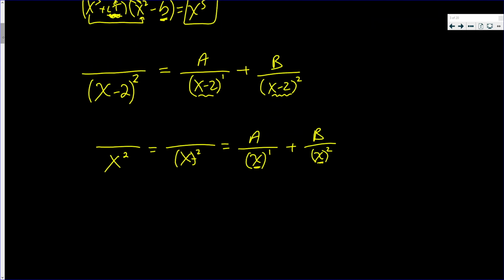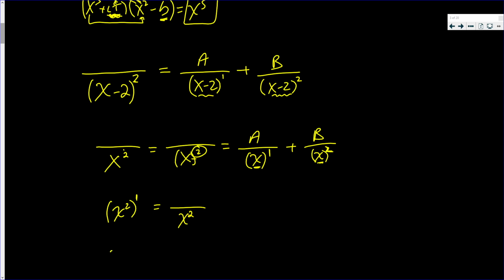Now, on the other hand, you might think of this as just x squared, in which case you have x squared to the first, so you don't have to go from the first power to the second power because it's squared, it's to the first.